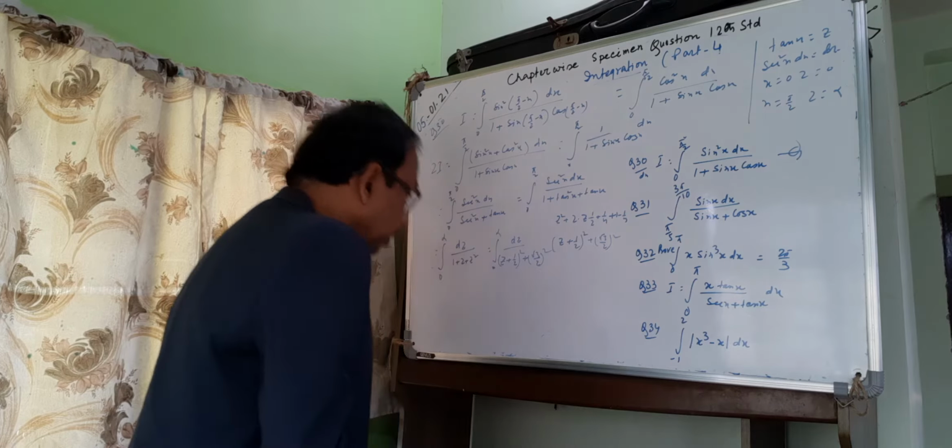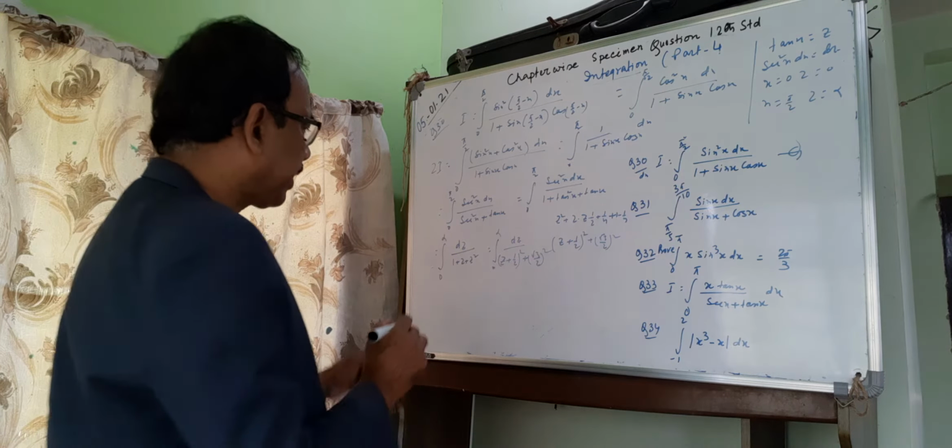Here is the formula for 1 by x square plus a square: 1 by a tan inverse x by a.